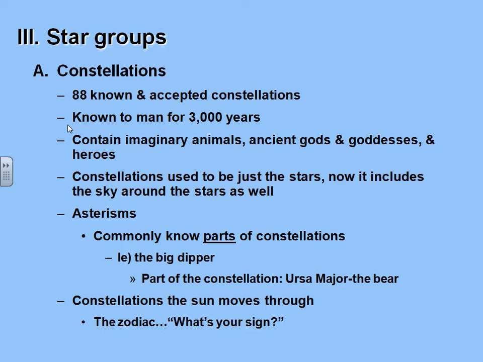So they would look up and basically connect the dots of the stars, and they'd come up with imaginary animals or gods or goddesses and heroes, and come up with some way to connect with the sky. So constellations are groups of stars. Basically, it was a way for people to connect with them.